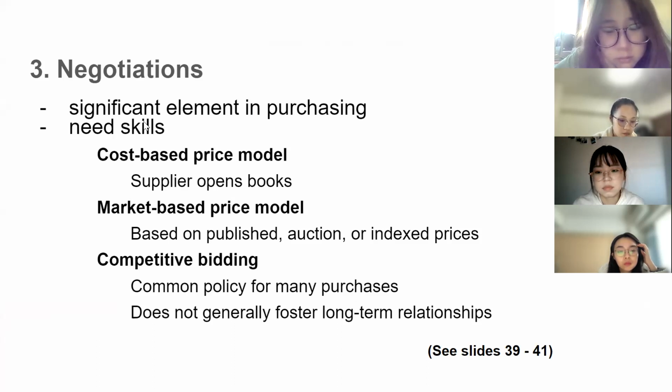The purchasing department will be involved in negotiating especially the price. So it can be a cost-based price model. That means the supplier presents their cost elements and they are agreed by the buyer. So the supplier opens books, meaning they show the detail.